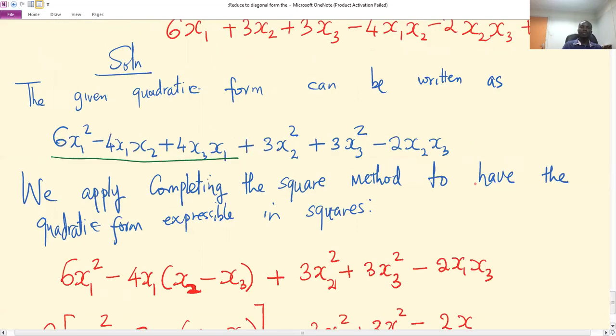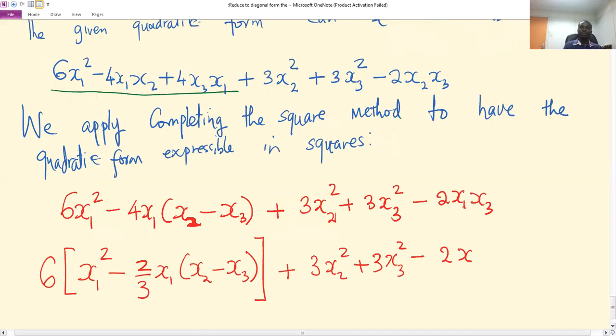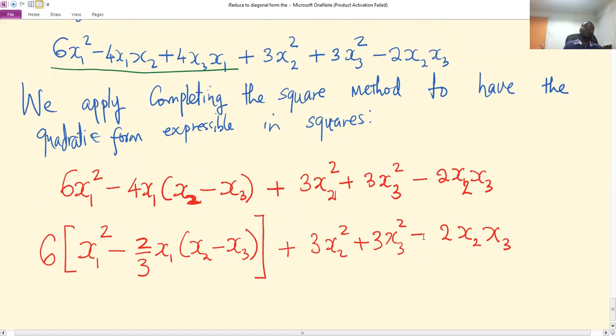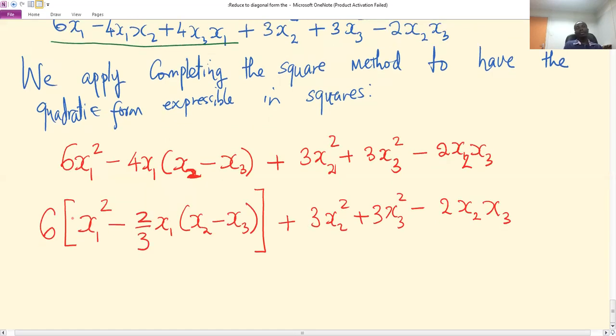That was x2, not x3. Now remember, when I multiply through by 6, I'll have 6 times minus 2 over 3, I get minus 4. So that's why I have this number, minus 2 over 3.